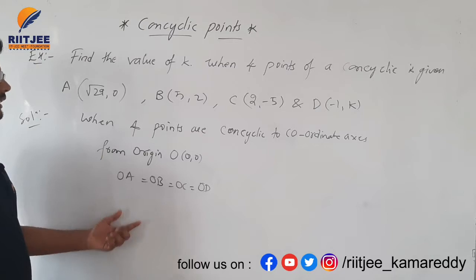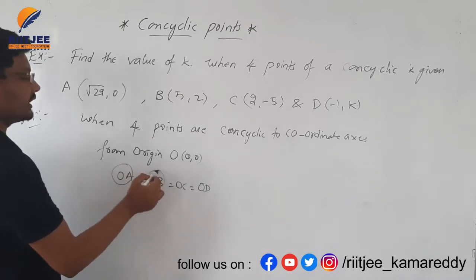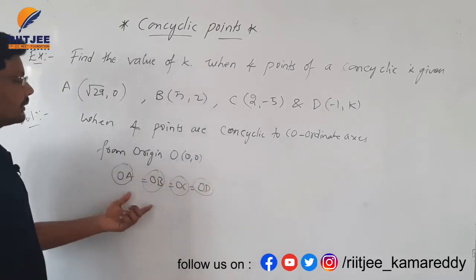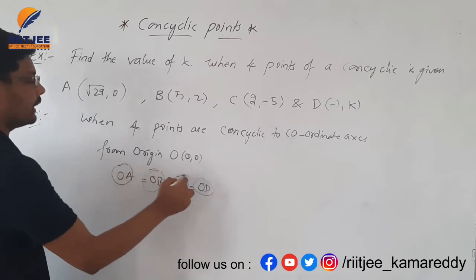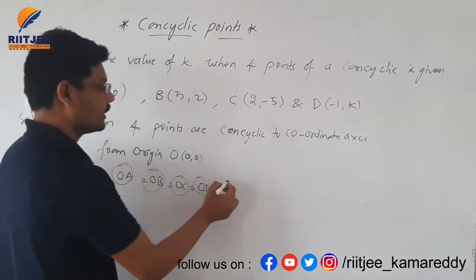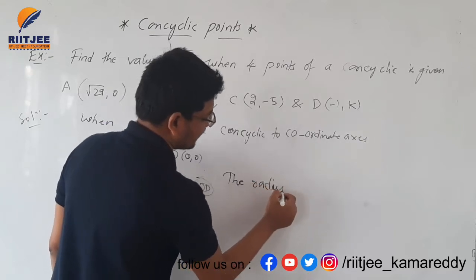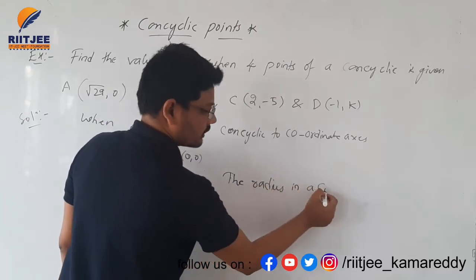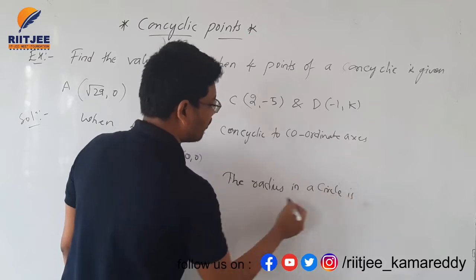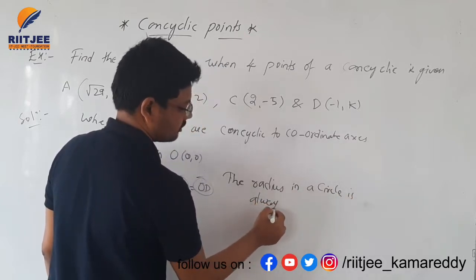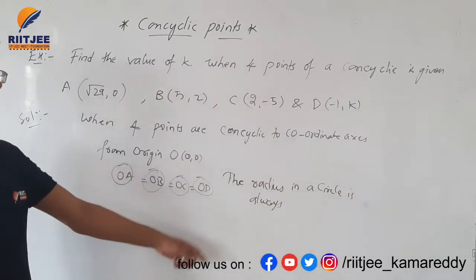Why? Because these are concyclic points. The distance between the center and any point is always equal, because the radius in a circle is always equal. That's why OA, OB, OC, OD are equal.